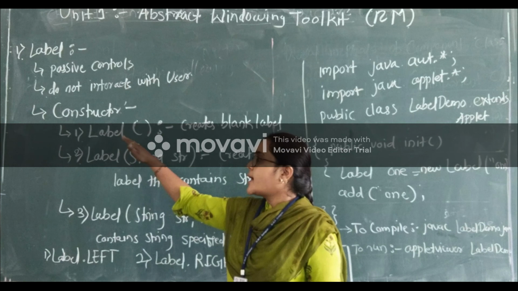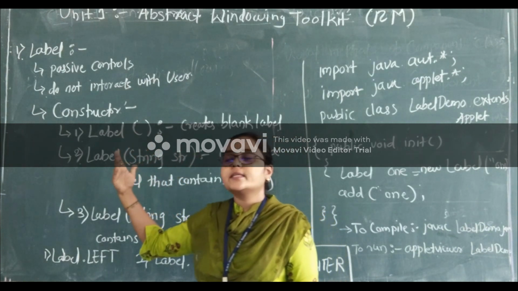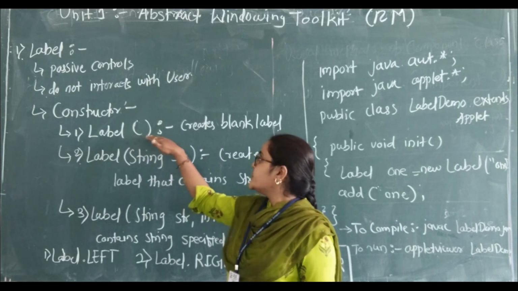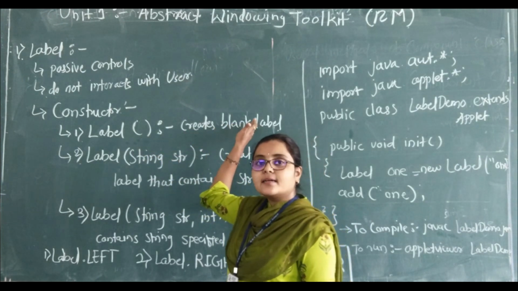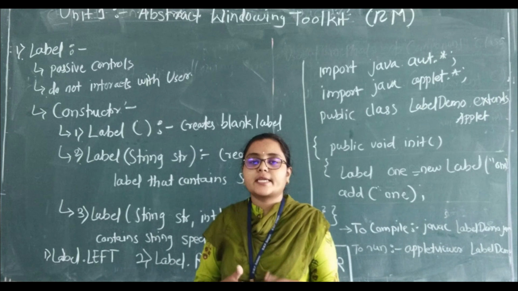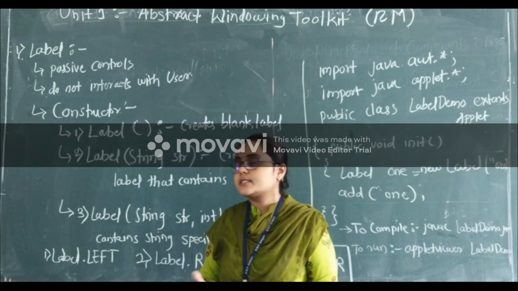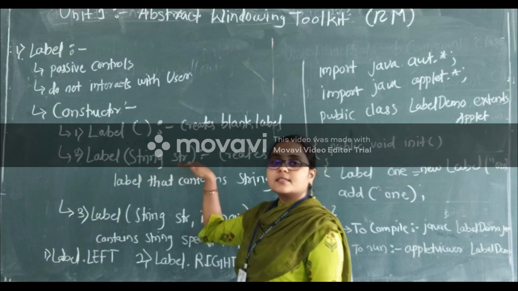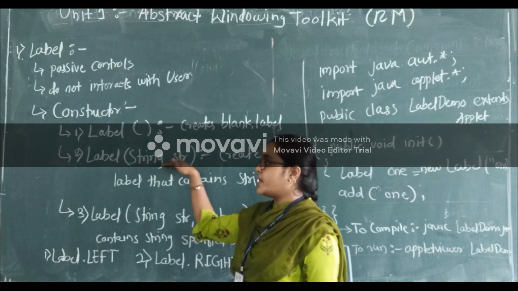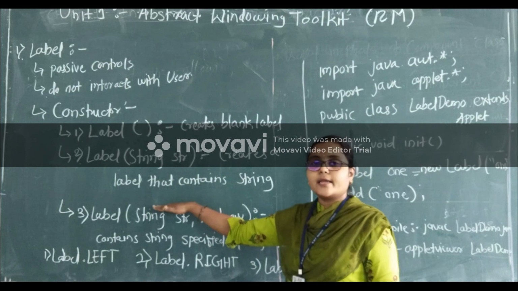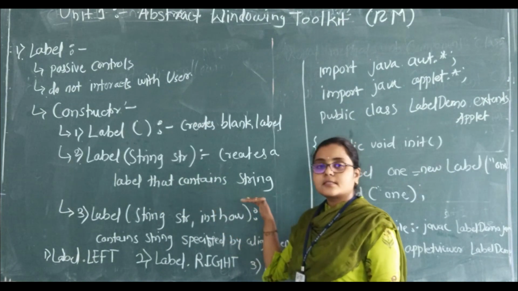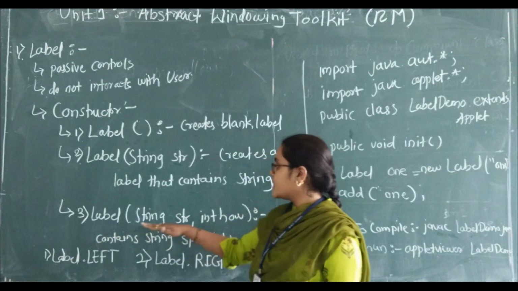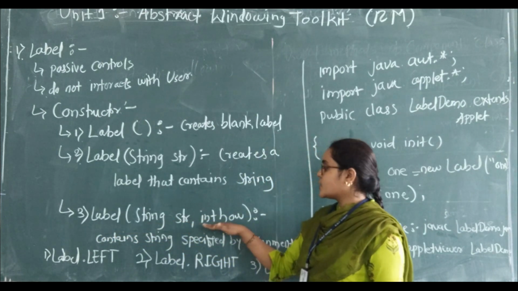Next, there are the constructors to define the label. The first one is the blank constructor, which creates a blank label, meaning a label without a string. The second constructor passes a string to the label, meaning it creates a label that contains the string. And the third constructor is Label, string and integer how.